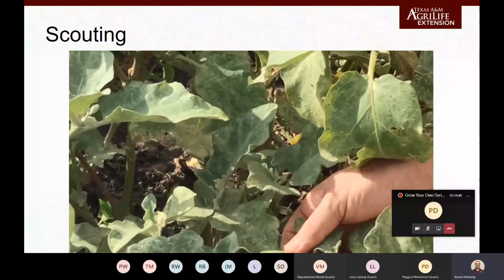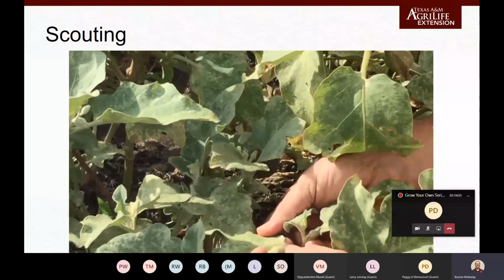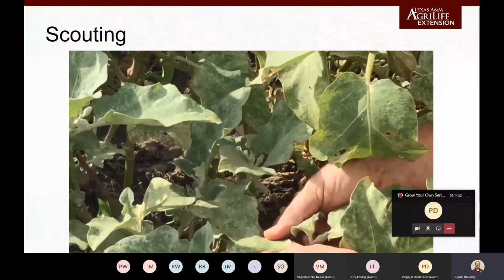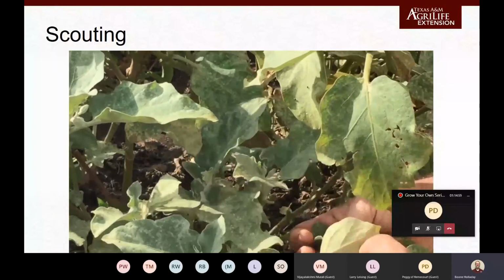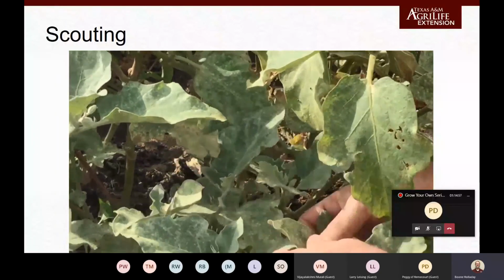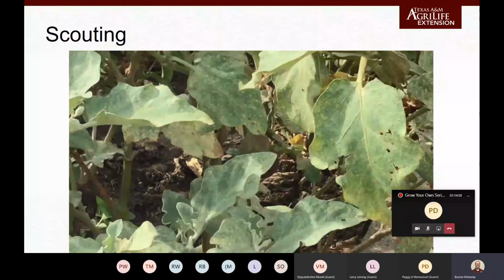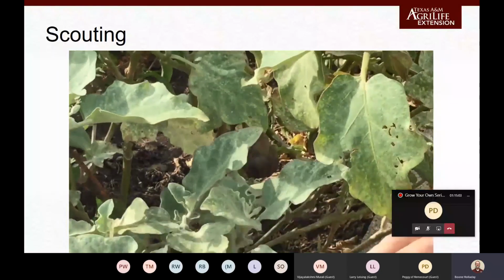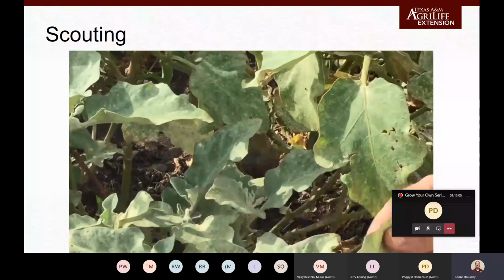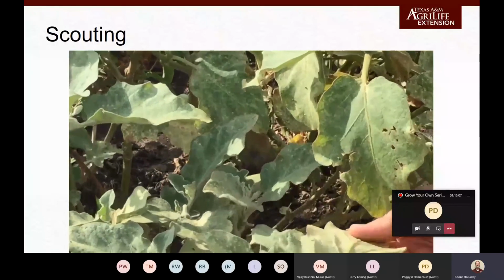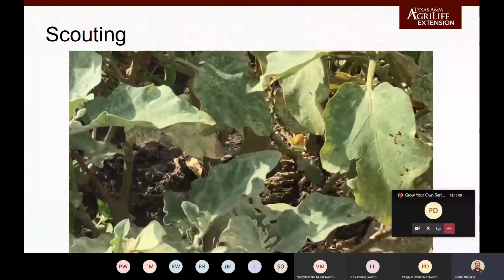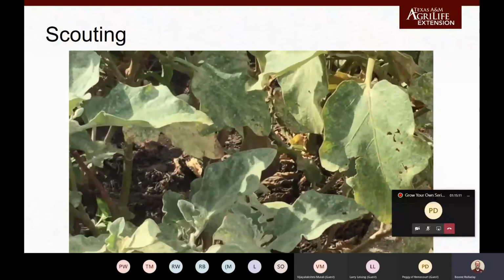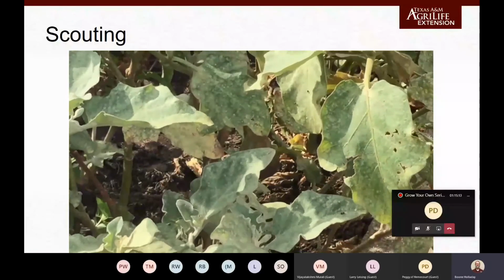And there's actually on this one here, there's some spider mites on the top, but the vast majority of them are feeding on the bottom of the leaves. Most of these insects that we see in the garden, they like to be on the bottom because they don't get hit by sunlight and by wind and rainfall, and they can just live underneath there, and they can just suck away to their heart's delight.